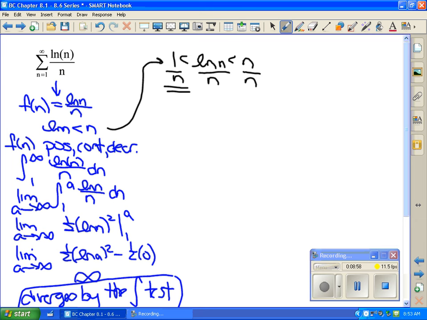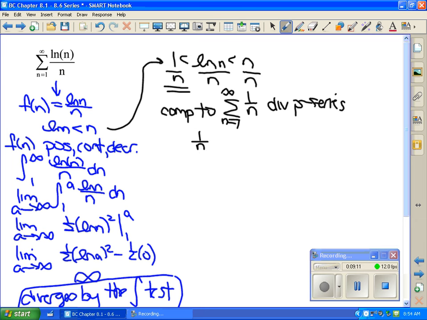For example, I know this one over here, if I compare to the series n equals 1 to infinity of 1 over n, this diverges by p-series. And since I know that 1 over n is less than natural log of n over n, if my series over here on the left diverges, then a series made up of larger terms has to diverge as well, and so this one diverges by comparison test.